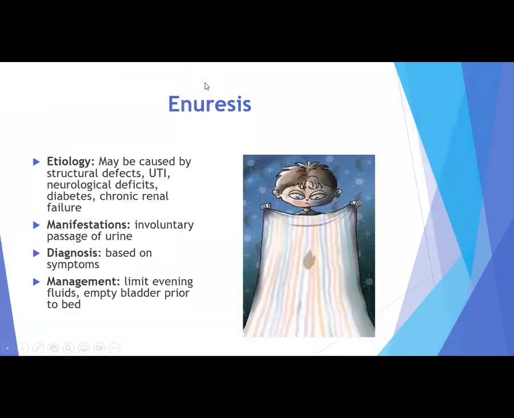All right, enuresis is our fancy term for bedtime or nighttime wetting, bedwetting. We often see this, we have children who are potty trained and then we see this resurgence.